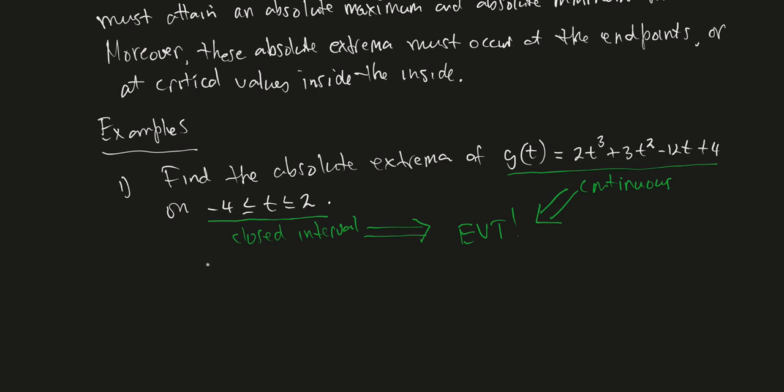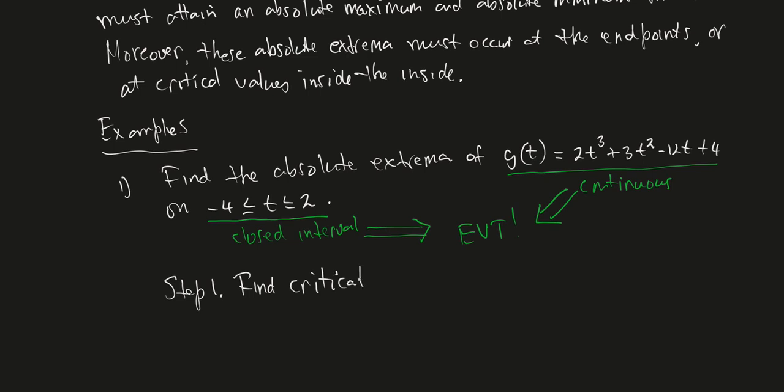So let me highlight the steps as we go through this example. The first step will be to find the critical values of this function, because we already have the endpoints. So step 1, find critical values.